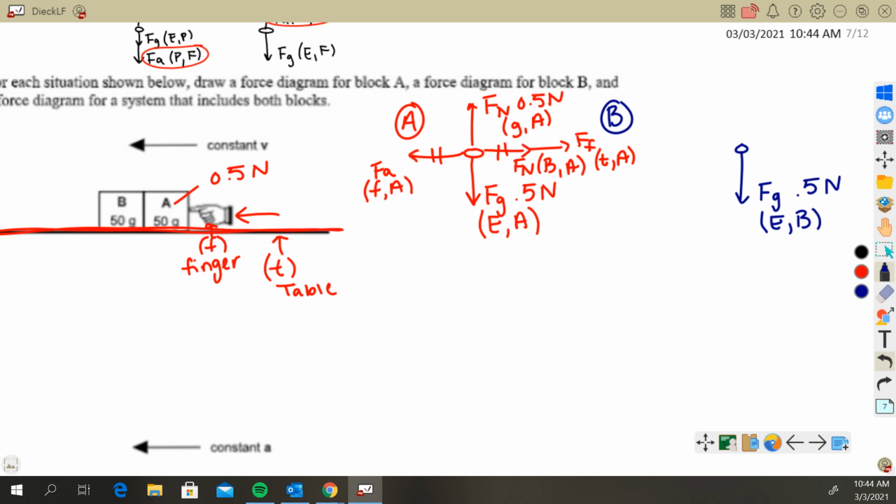Is it going to have a normal force? Yeah, these are the same too. It is going to have a normal force, dealt by the table or the ground, we'll say, felt by B, and that's 0.5 newtons.